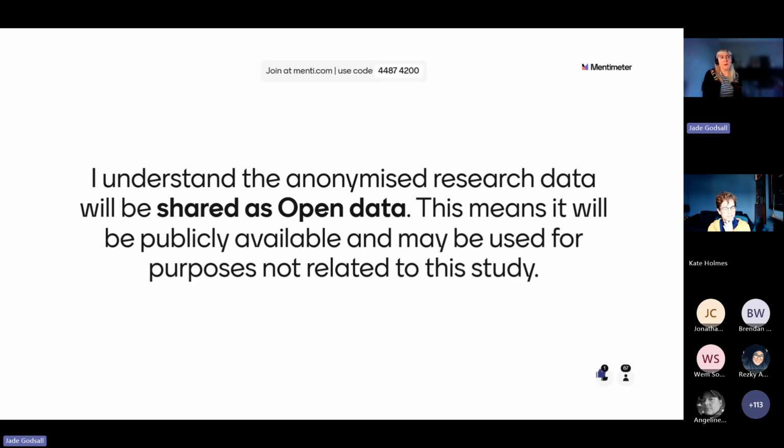Otherwise, under GDPR, you should only be retaining research data which is pseudo-anonymized, so has already gone through the anonymization process, unless you've got the consent in place. Again, your local research support team are the best people to speak to about it, and they'll be able to give you all the guidance.